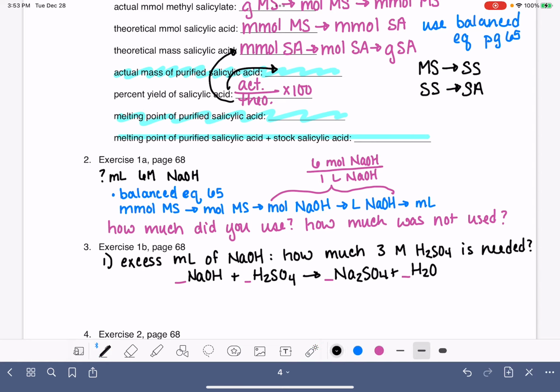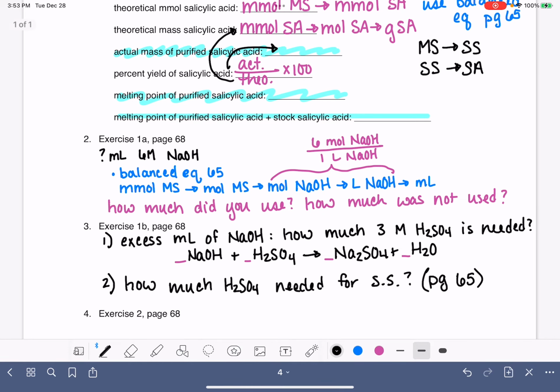You also need to figure out how much of the sulfuric acid is needed to react with the sodium salicylate. That equation is the one on page 65.